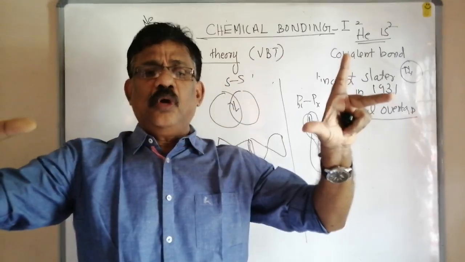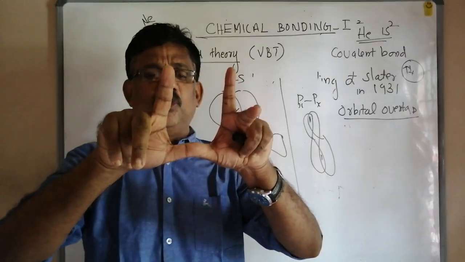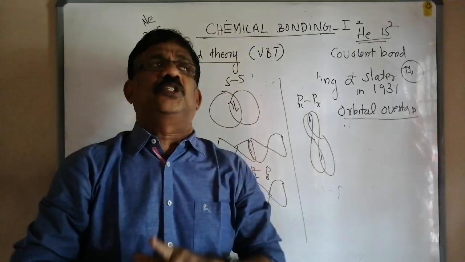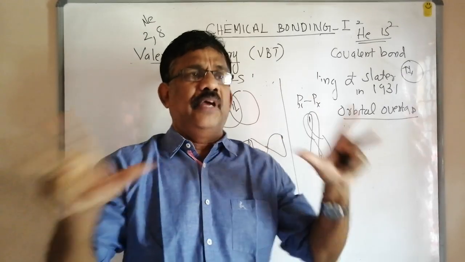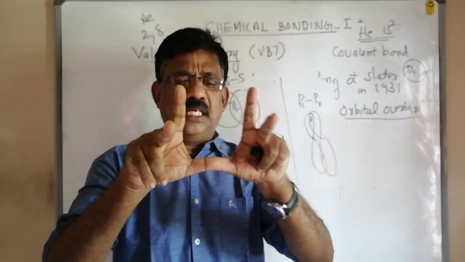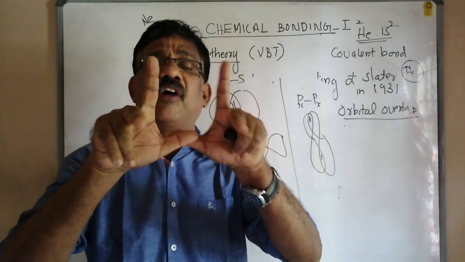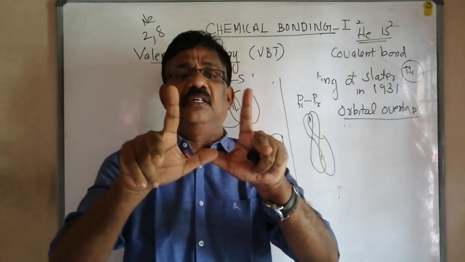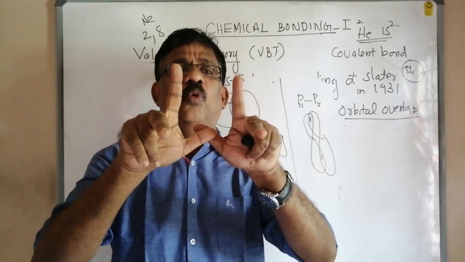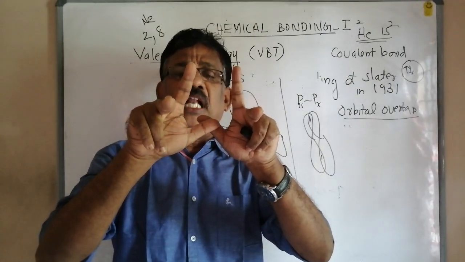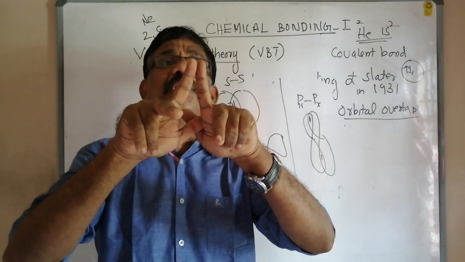So when two fluorine atoms approach, 2pz and 2pz orbitals overlap in this manner. Any other atom, not fluorine, any other atom, when the 2pz orbital overlaps in this manner, if these orbitals are half-filled, with an unpaired electron, one electron in this orbital, one electron in this orbital, they overlap in a parallel manner and a weak pi bond is formed.